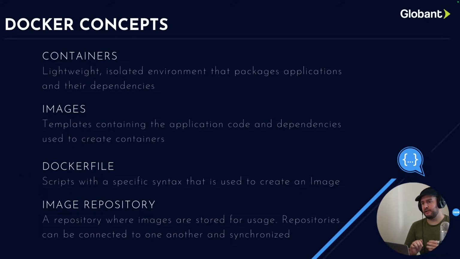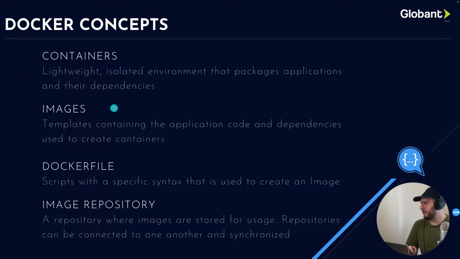For example, you can declare that your image will have Java, and then it will have also the jar file that you need to run that application. And then you can also declare in your image which command you will use to run the Java application, and so on.